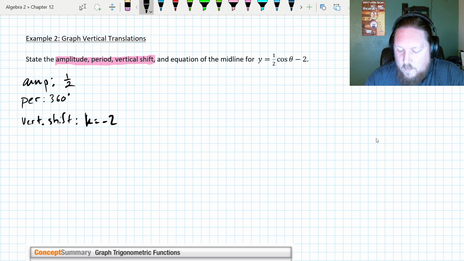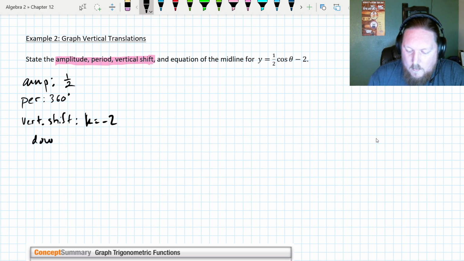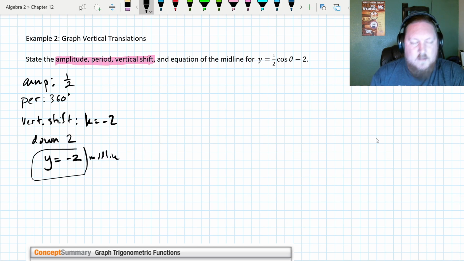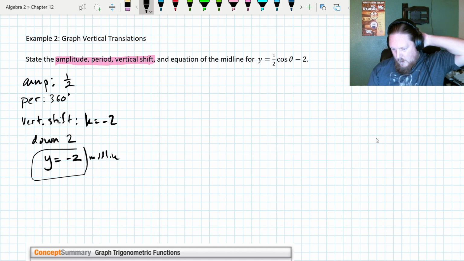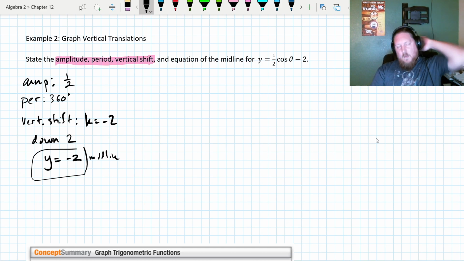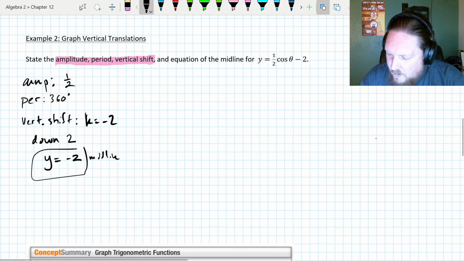It is -2, which means it's moving down 2. Another way you can think about this is I have an equation for the line, y equals -2. That's my midline. That's the equation of my midline. So, I want to know the midline first.